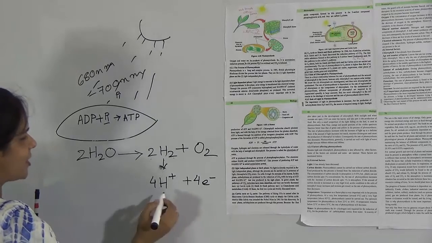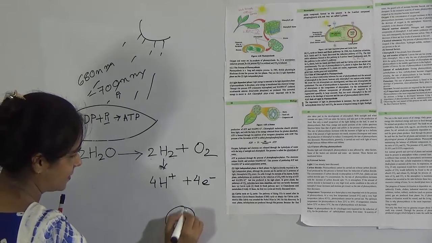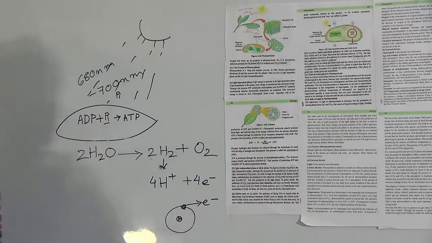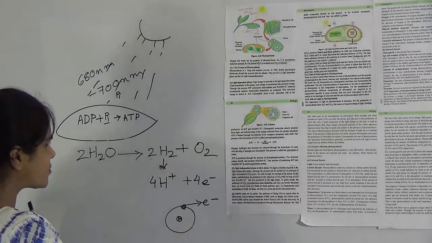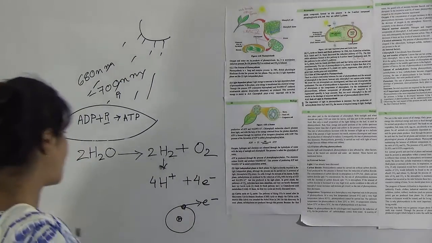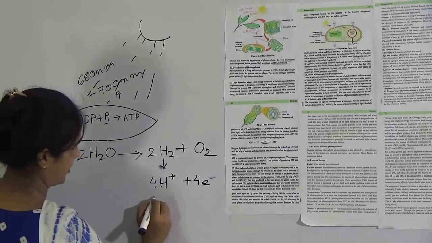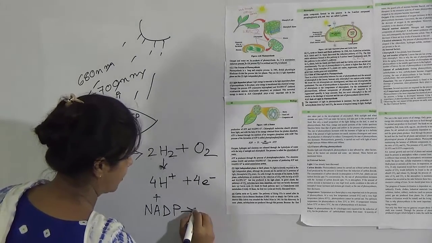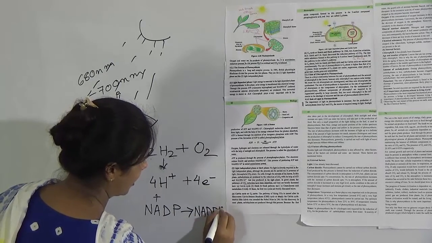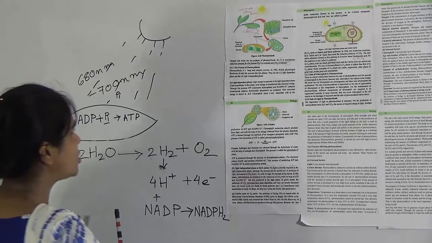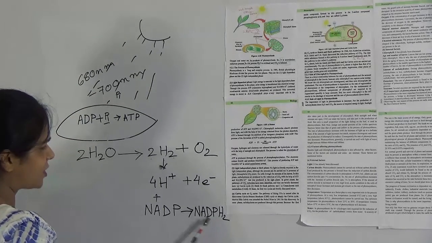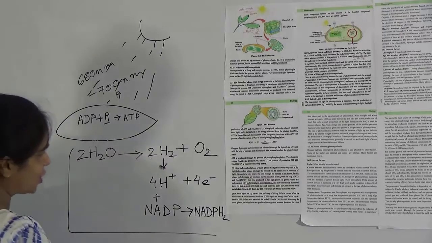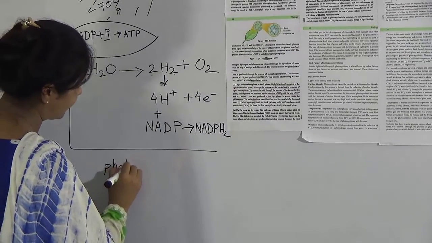When the hydrogen leaves that electron, there is only the proton, and that proton joins with NADP and produces NADPH2, or reduced nicotinamide adenine dinucleotide phosphate.